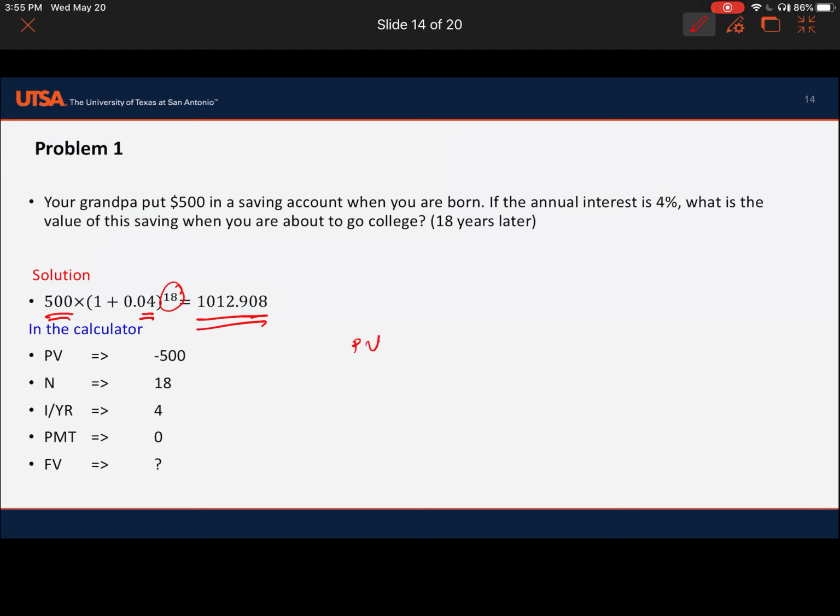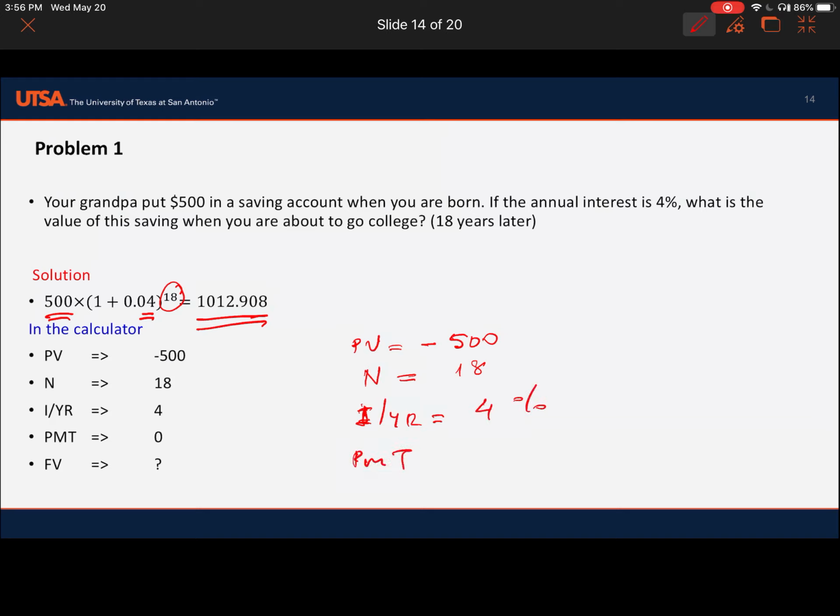You should find present value and enter negative 500, and you should find the n. This is the number of periods, 18. I over year, the interest rate per year, is 4%.